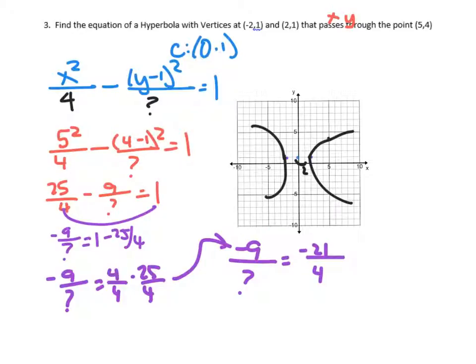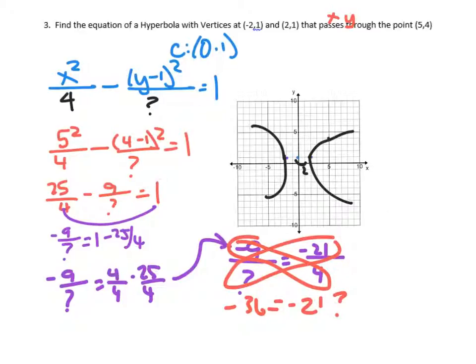If I cross multiply, we get negative 36 equals negative 21 question mark. So my question mark is 36 over 21, which reduces, if I divide by 3, to 12 over 7.